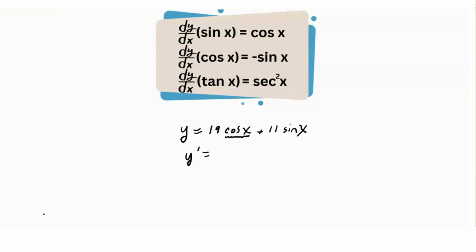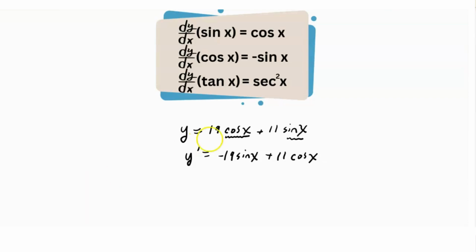That's a good way to remember which one's negative. So this would be negative 19 sine x plus the derivative of sine is cosine. We have the constant multiple rule, so this would be plus 11 cosine x.